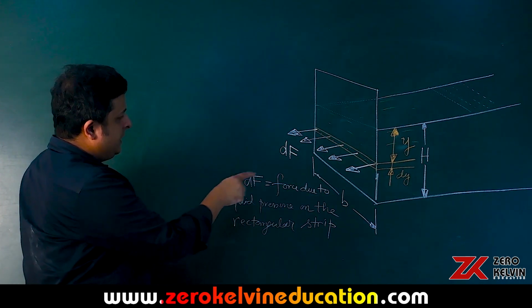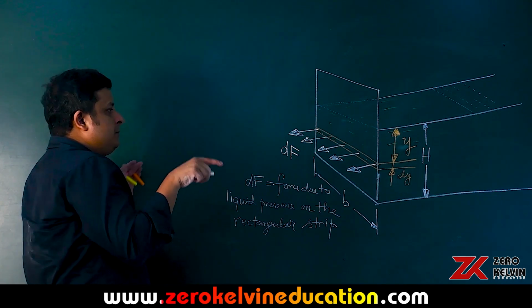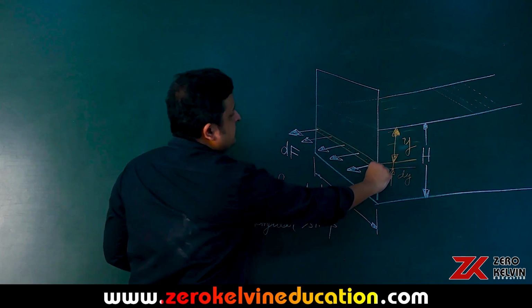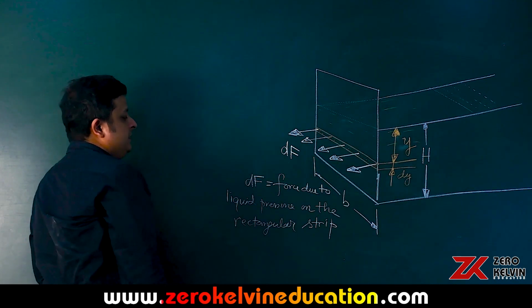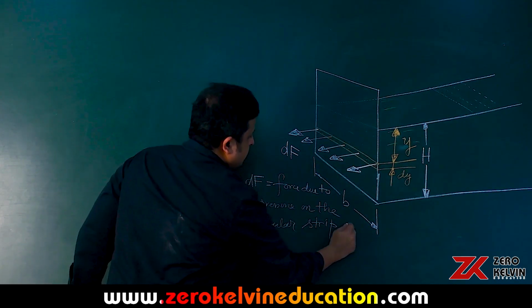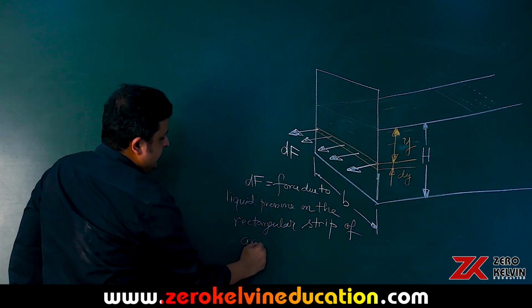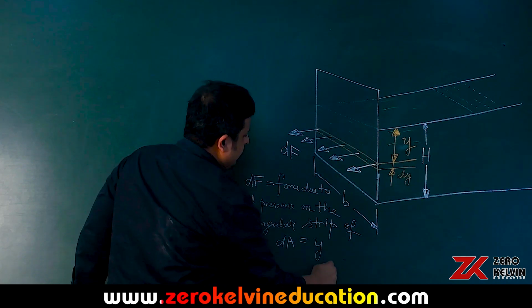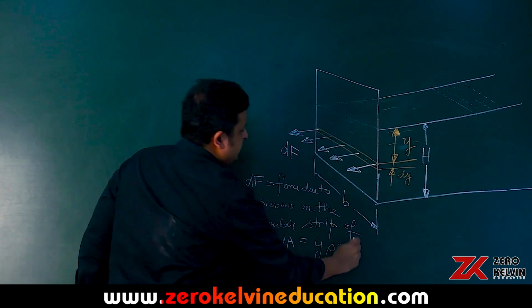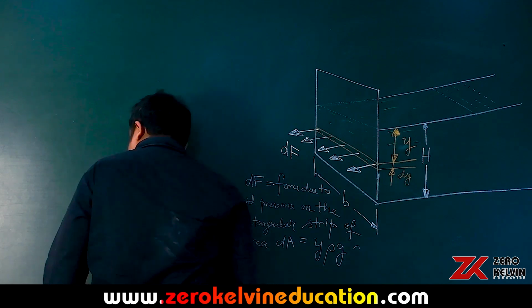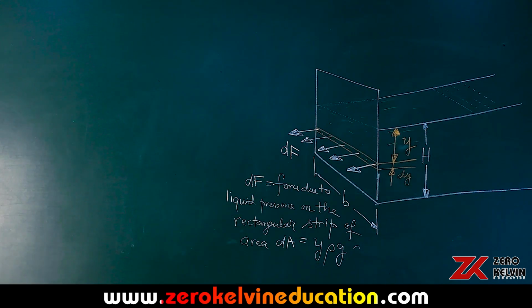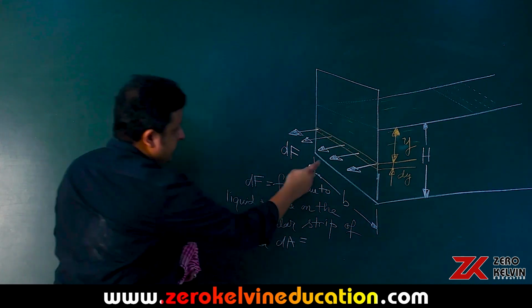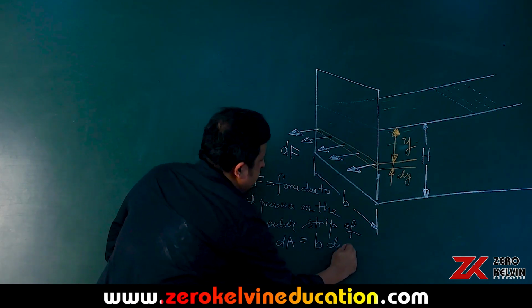As you know, dF is equal to pressure times dA. So the area of this rectangular strip, dA, will be simply the width multiplied by dy.